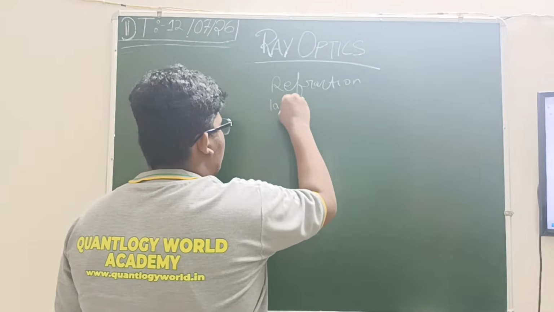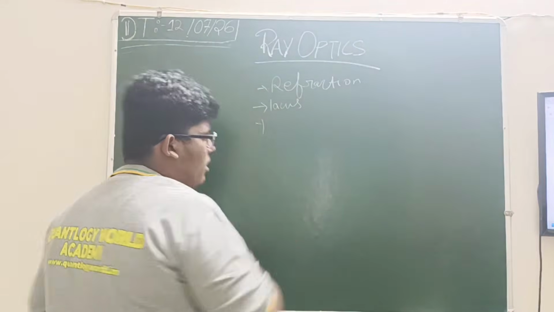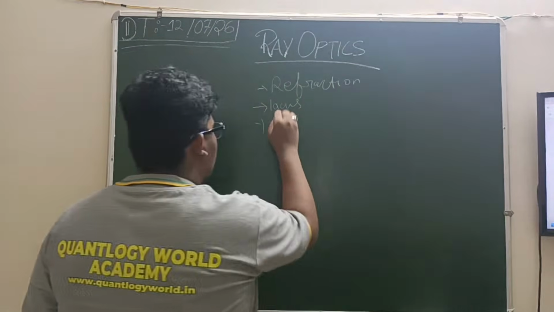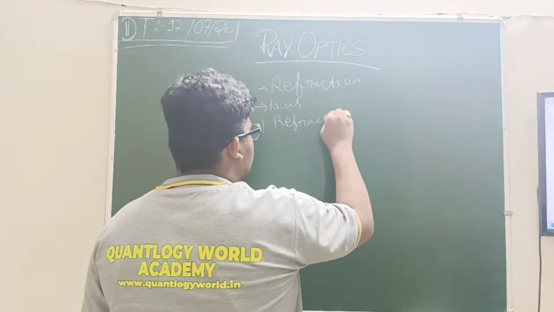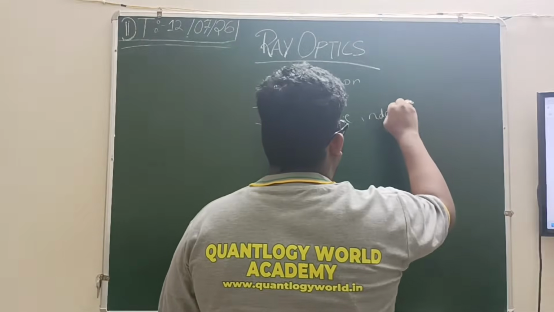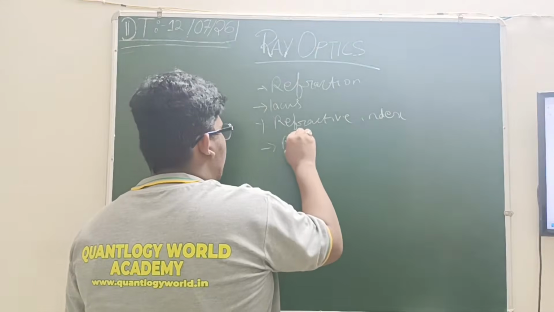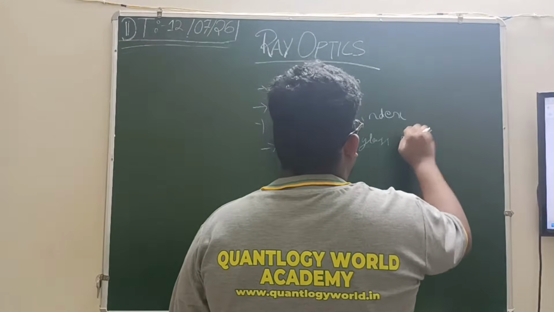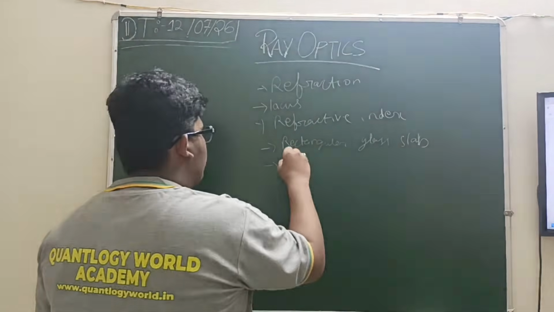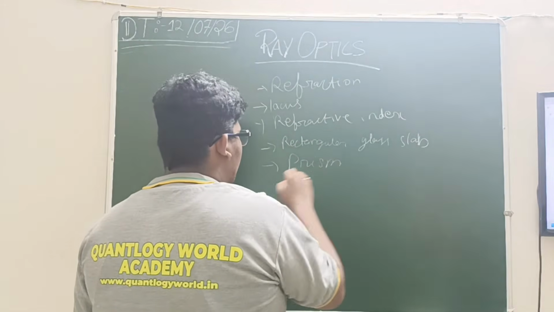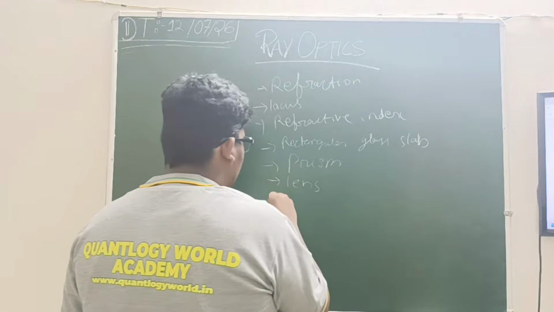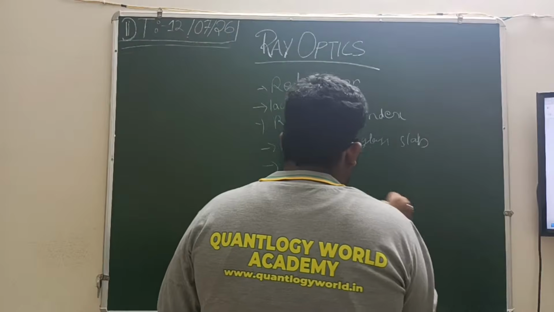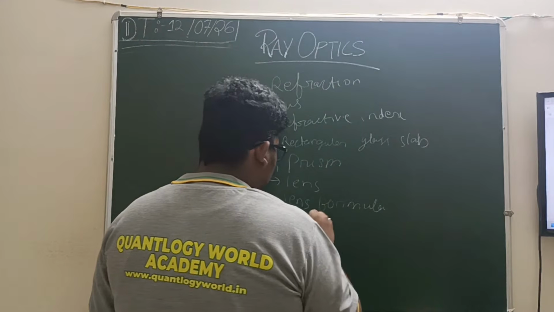refraction, its laws. Then next is refractive index, rectangular glass slab, then prism, lenses, lens formula, sign convention.